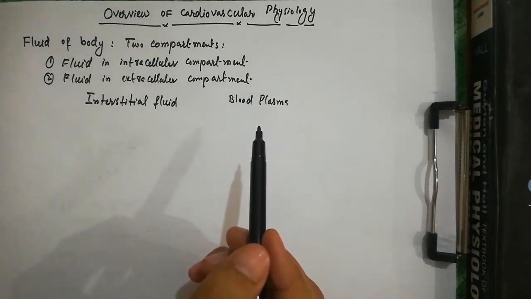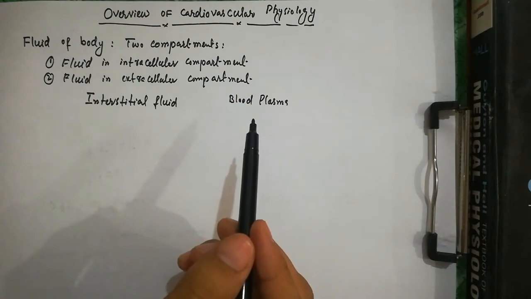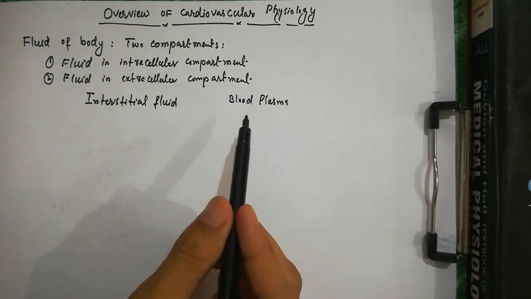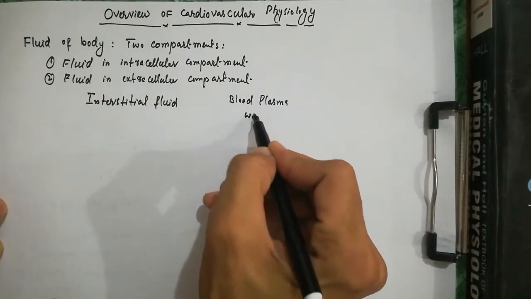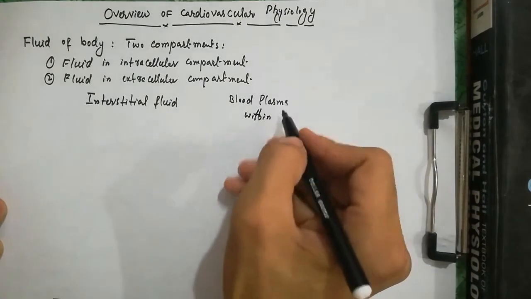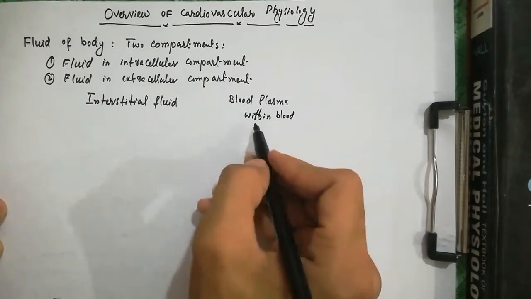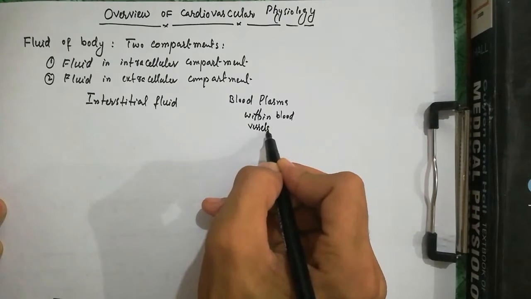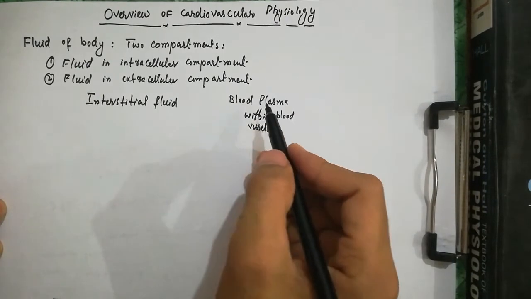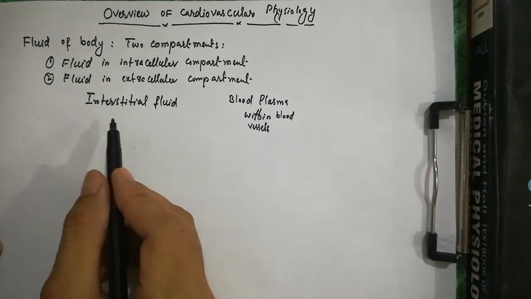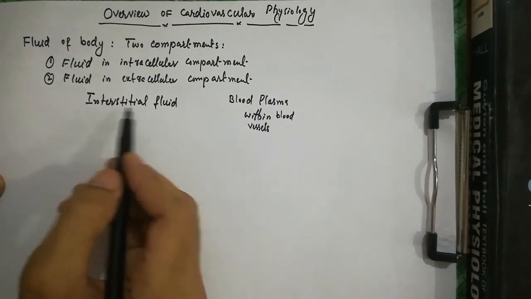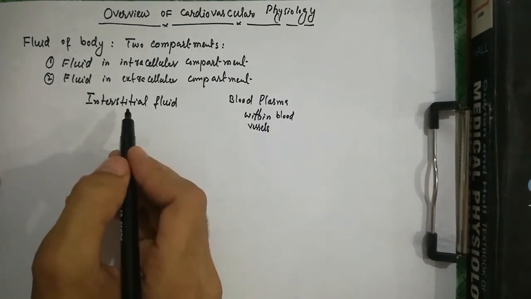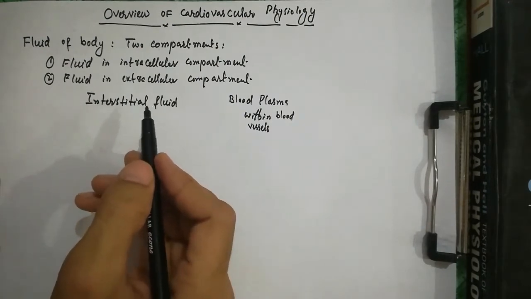The extracellular fluid which is present within blood vessels is known as blood plasma, and the extracellular fluid which is present between cells of the body is known as interstitial fluid.